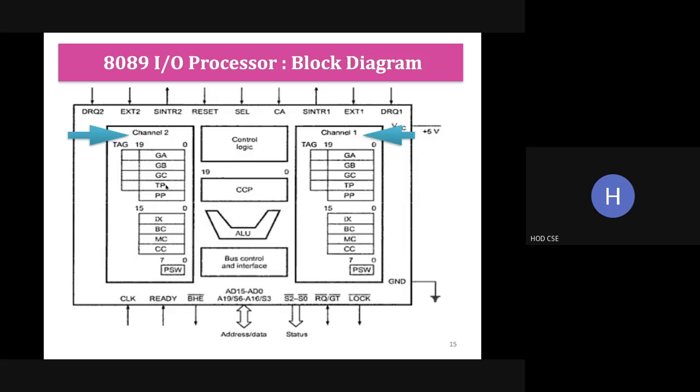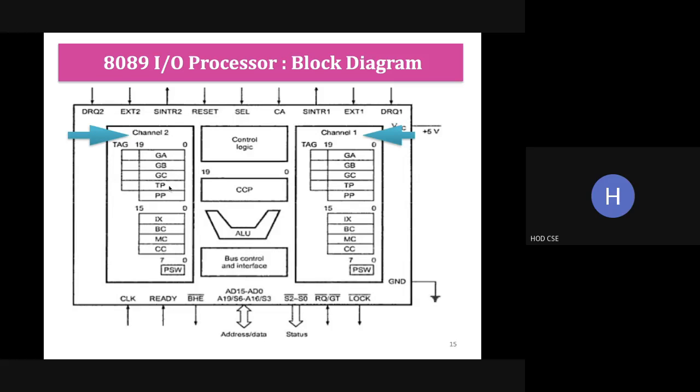The program counter will contain the address of the instruction to be executed next. By using this, we execute the instructions one by one. So here the task pointer performs the function of the program counter as in 8086.